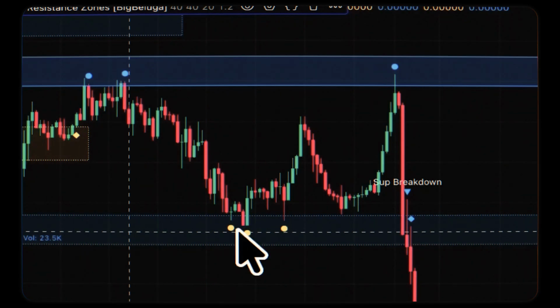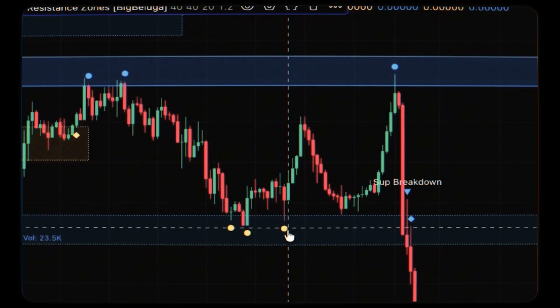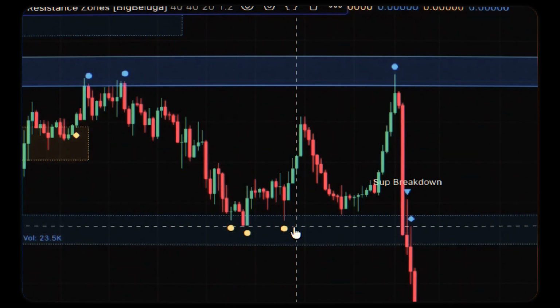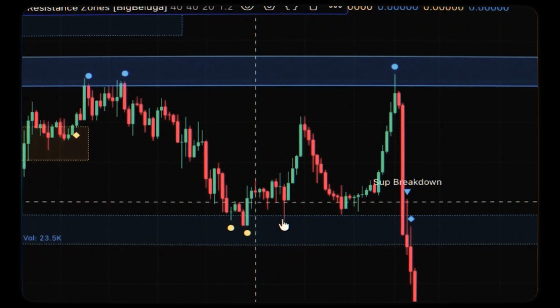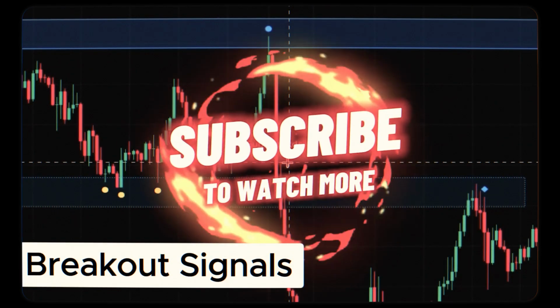For this support zone, you can see that the price tested this zone 3 times, and the indicator showed these orange circles, which are actually bullish signals. So in practice, they could provide us an opportunity to enter a long position. Alright, the next type of signal is breakout signal.